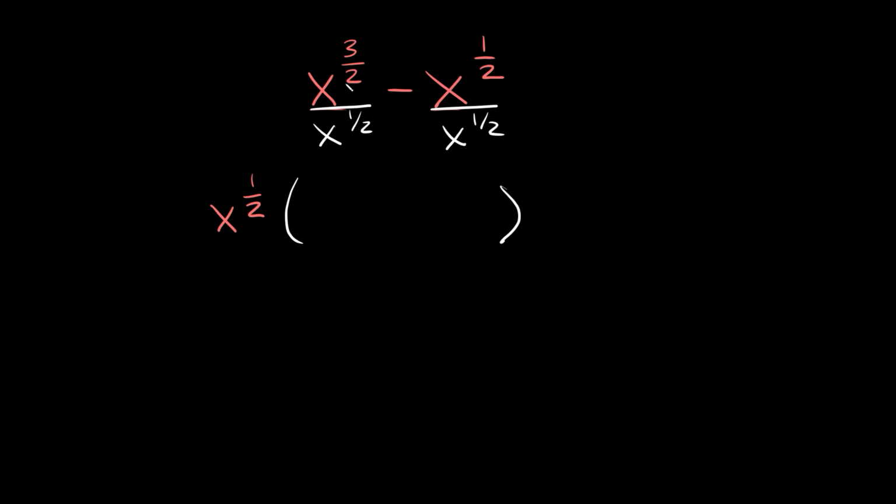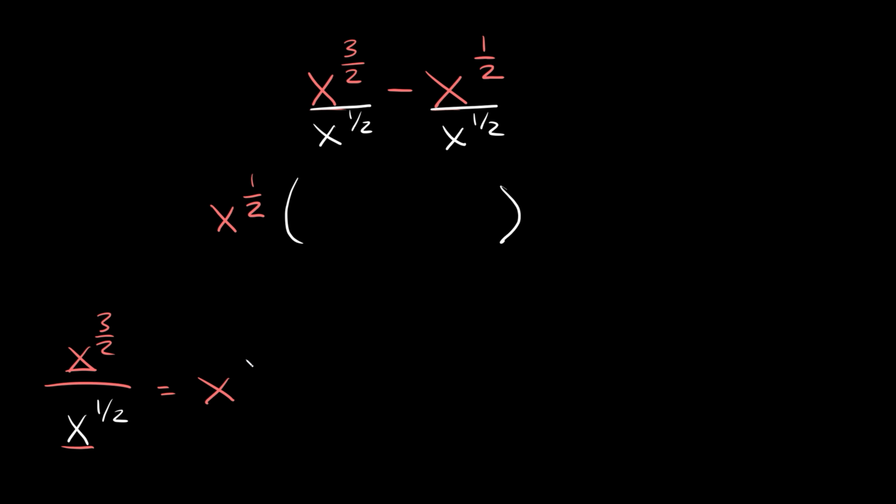So for instance, this one, we have x raised to the 3/2 over x raised to the 1/2. Now, in order to divide exponents that have the same base, like we do here, you simply keep the same base. So here's an x, so you just keep the x. And then you simply subtract the exponents, and you always write the one that's on top first.